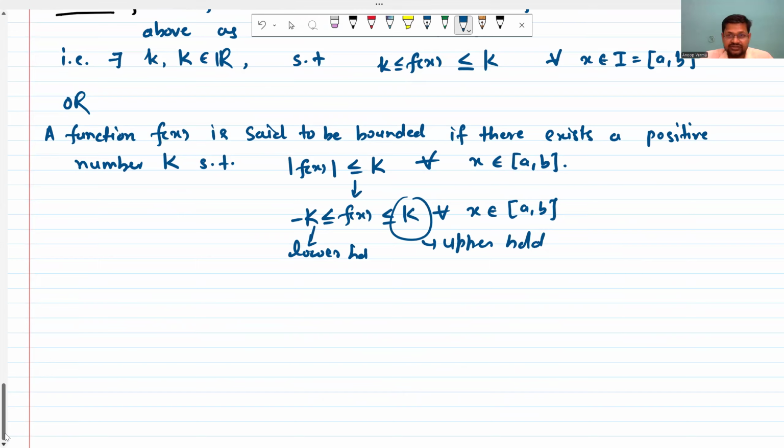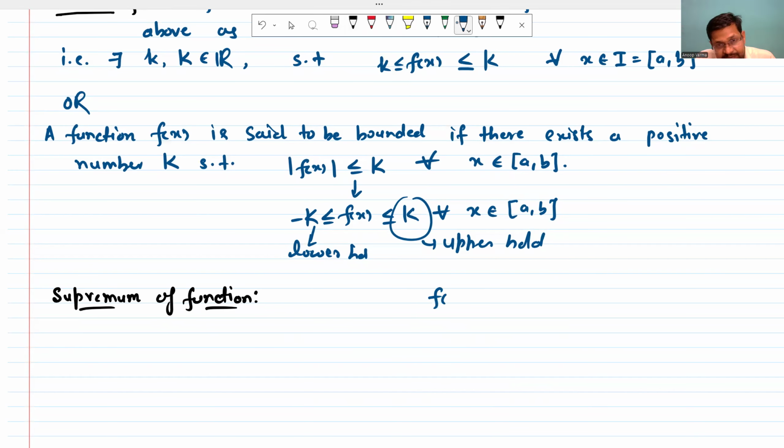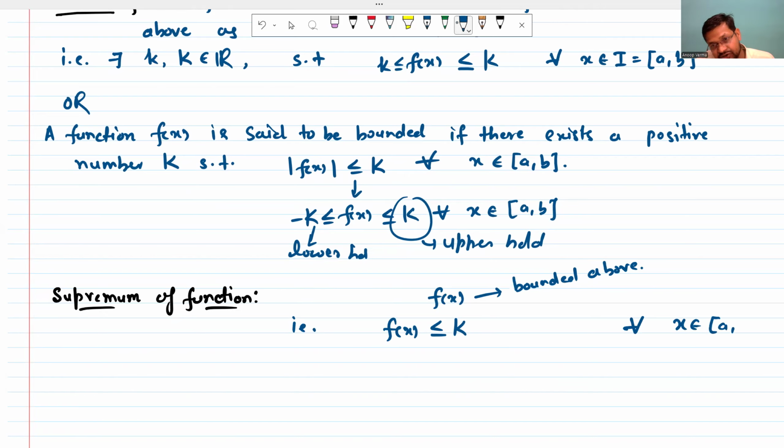So this is a very nice definition to be defined, supremum and infimum, because एक चीज आप ध्यान से देखिएगा, आई एम गोइंग टू डिफाइन द सुप्रीमम, supremum of function. ओके, एक चीज ध्यान दीजिए, इफ आई एम सेइंग कि f(x) इज बाउंडेड अबव, it means there exists some capital K, so that f(x) is less or equal to capital K for all x in this interval a comma b. This is the meaning of bounded above.